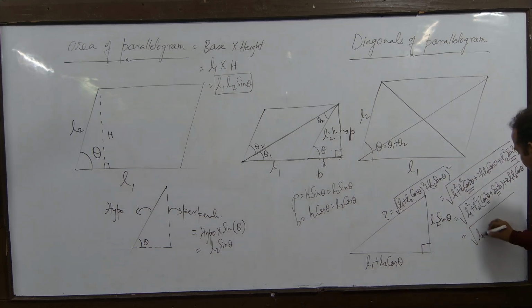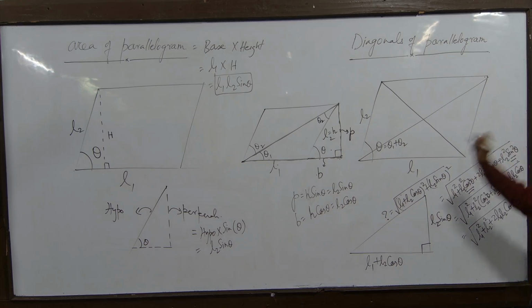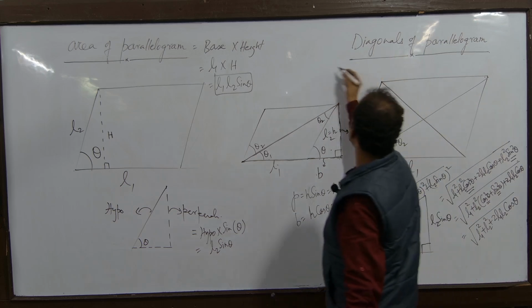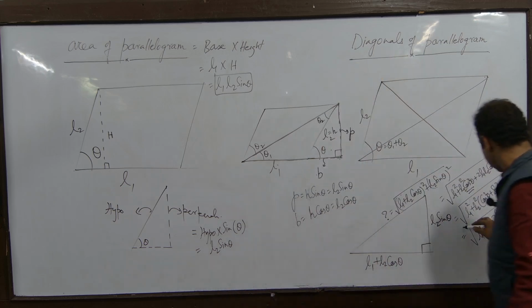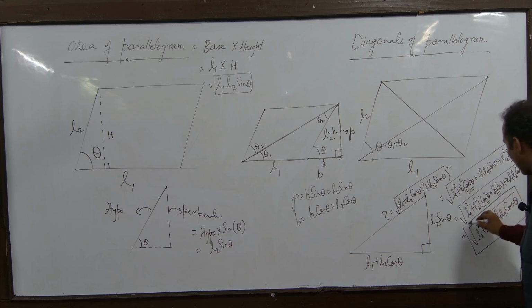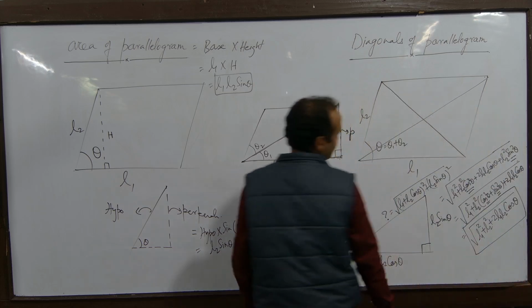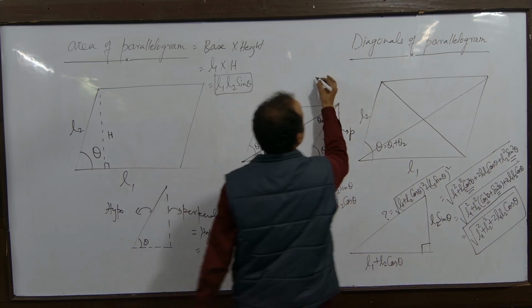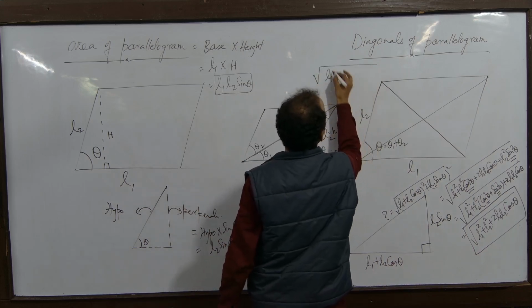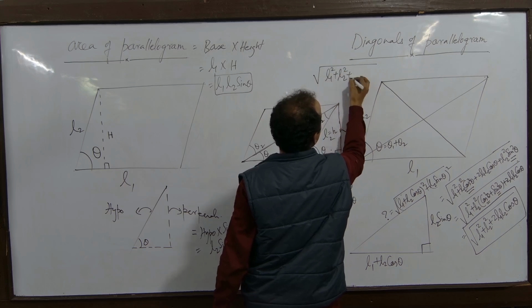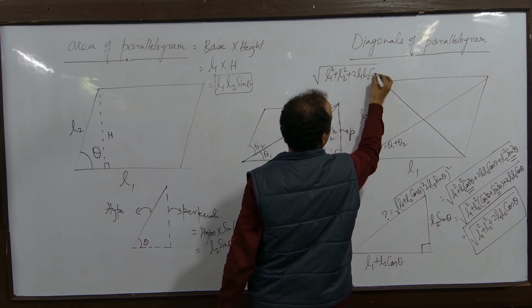So this will be root over L1 square plus L2 square plus 2 L1 L2 cos theta. So the length of one diagonal is this. You can remember this result.